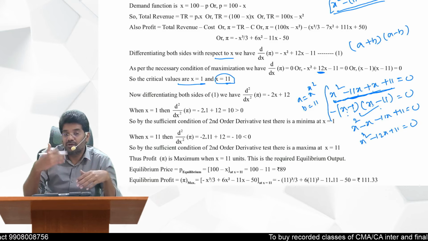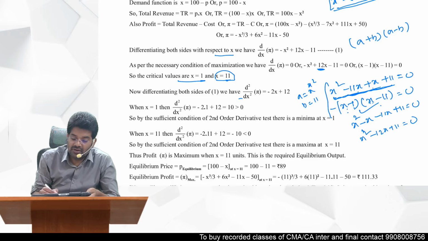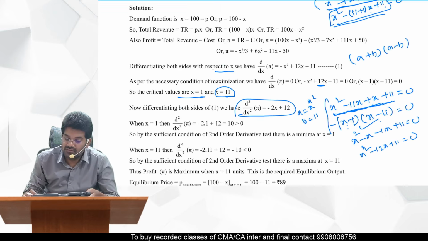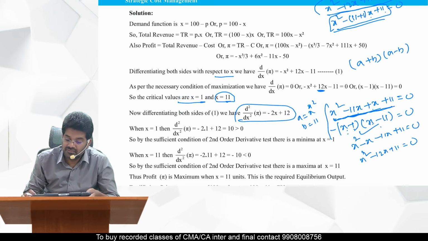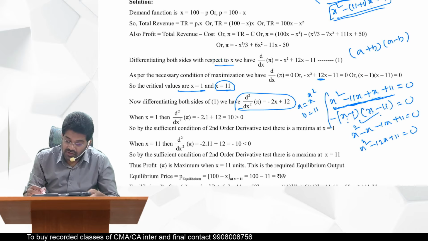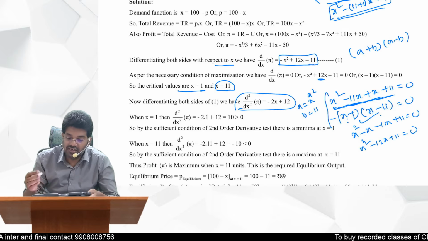Now again we should perform the second order derivative. Second order derivative of which one we should perform? The first one. What we got? This is the one they got: d by dx of total profit is equal to minus x square plus 12x minus 11.